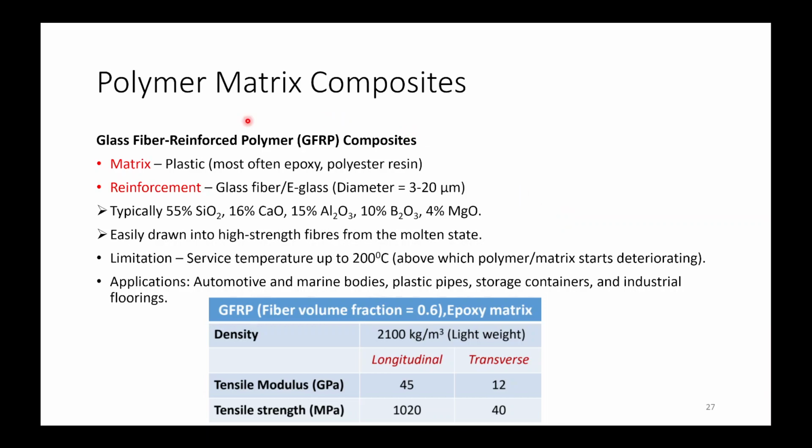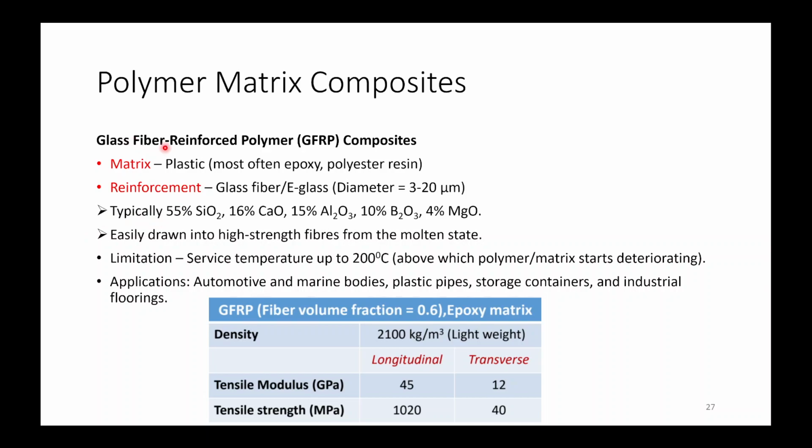Second is polymer matrix composites. Now first is glass fiber reinforced polymer. So here we'll be reinforcing with glass fibers. Matrix will be plastic, most often epoxy or polyester resin, and reinforcement is glass fiber, E-glass, and diameter will be 3 to 20 micrometer.